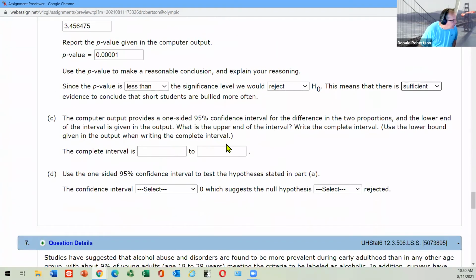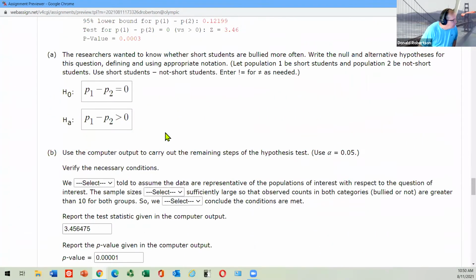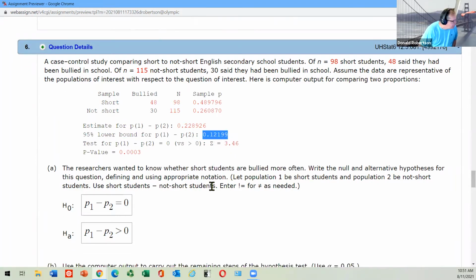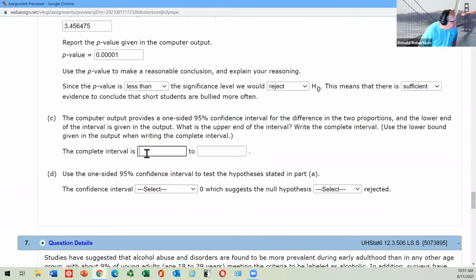Now, remember that funny thing up here, the 95% lower bound guy? This is new. So this is the small side. Right, wouldn't a normal 95% confidence interval be this number and maybe the other number is 0.246? You know, so it would be a start number and a finish. That's your typical 95% confidence interval.